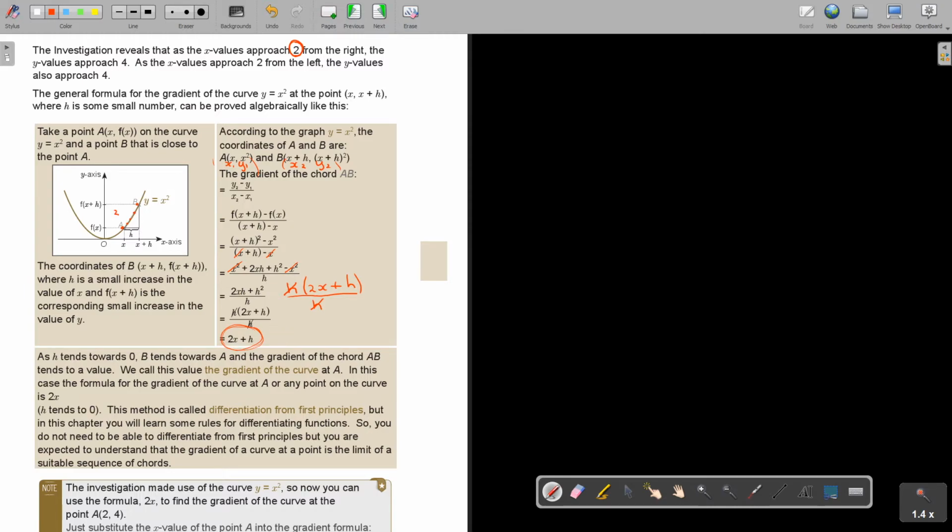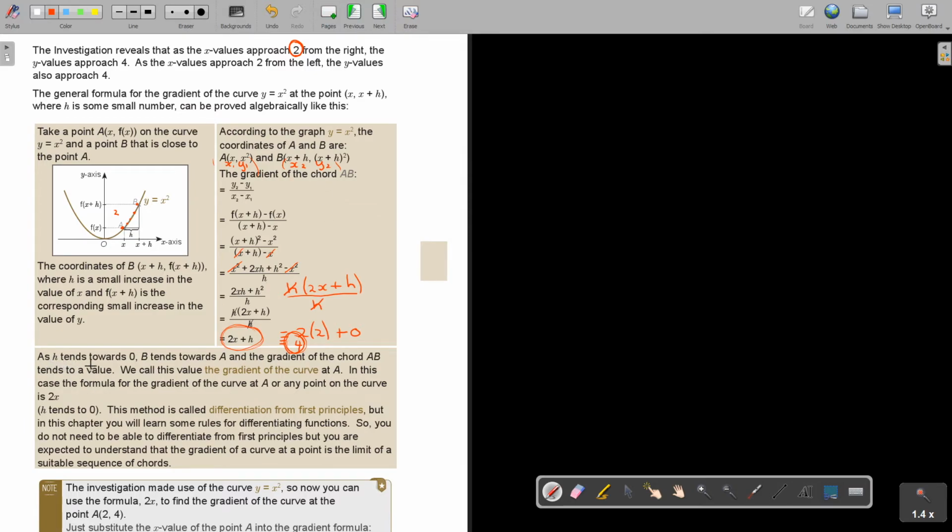So if I substitute that 2, and remember h was 0, then what did I get? 4. If I were doing it on ordinary level, I would have gotten a value approximately 4, but the accurate value will be 4, and this is how we do it algebraically.